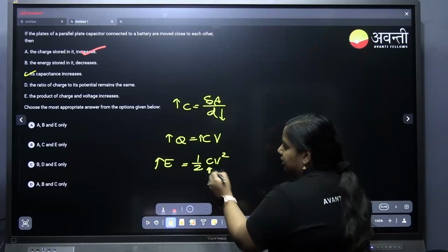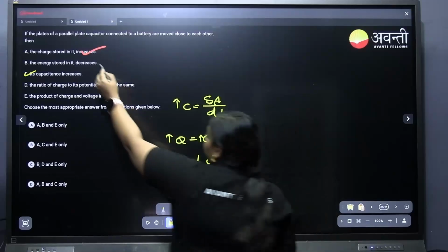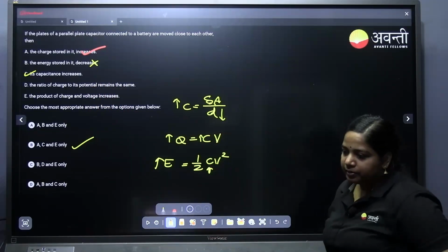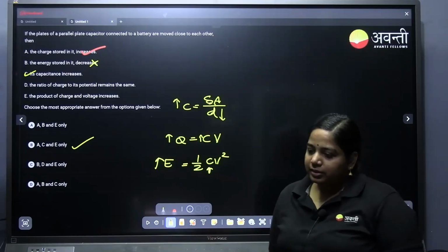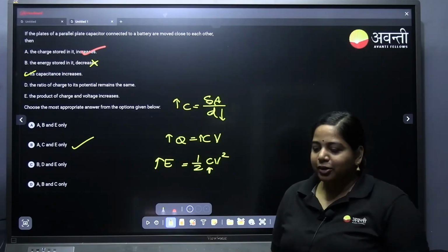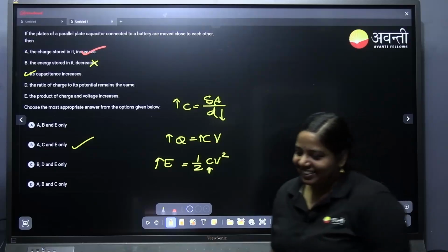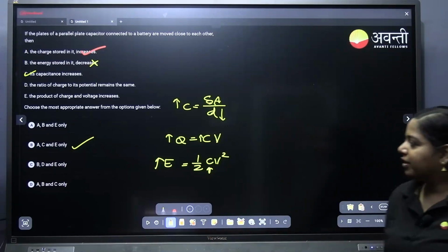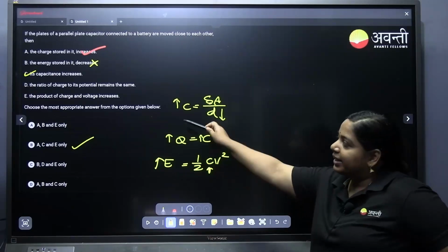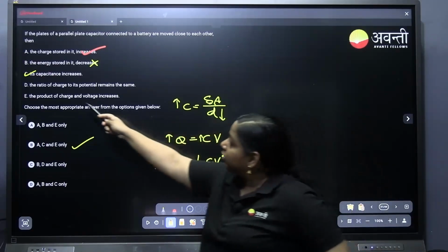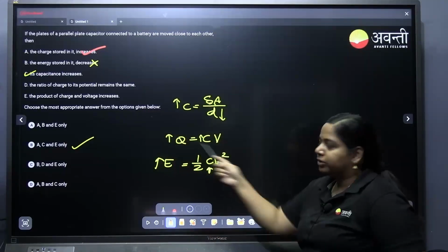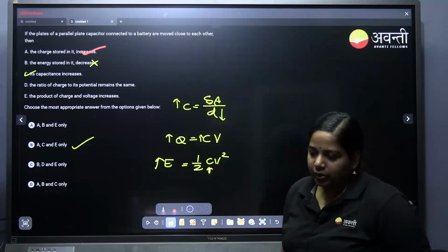So B is wrong, and our answer will be A, C and E. Energy will increase, and E, the product of charge and voltage, increases. Charge is increasing, so Q into V should increase.